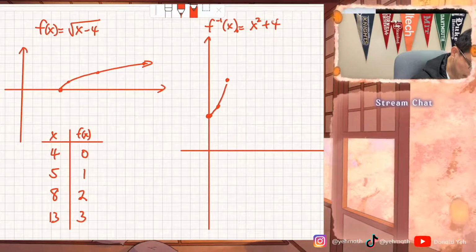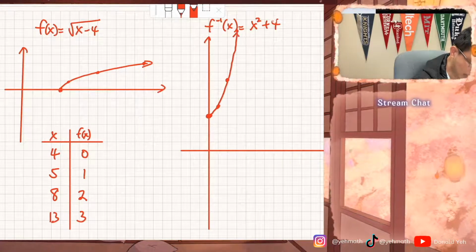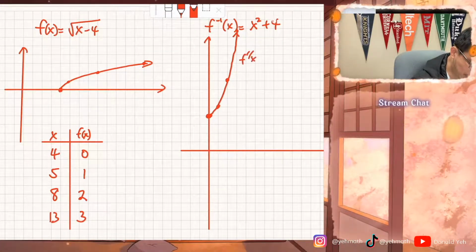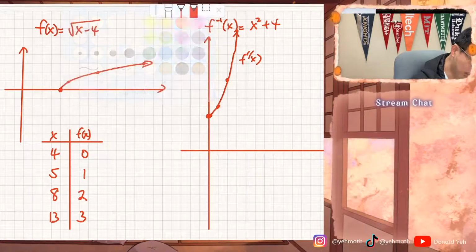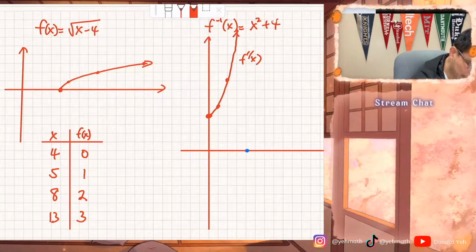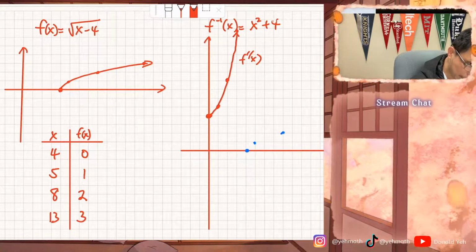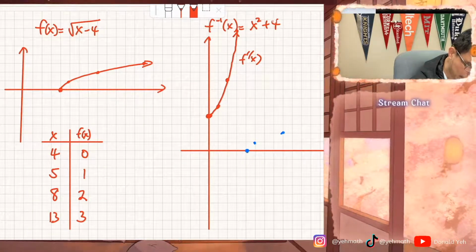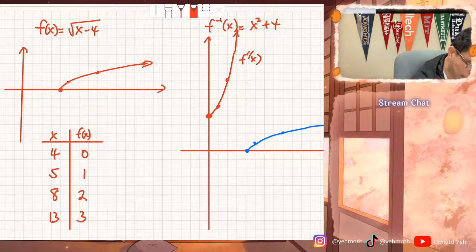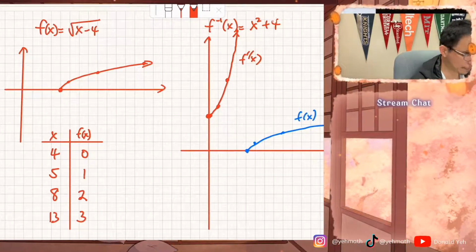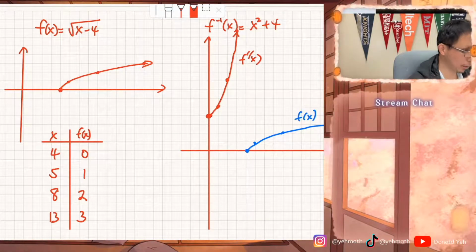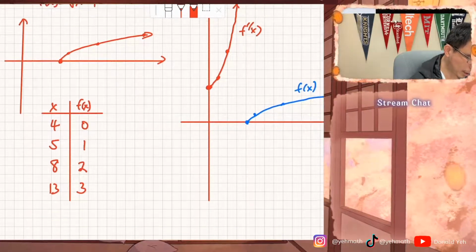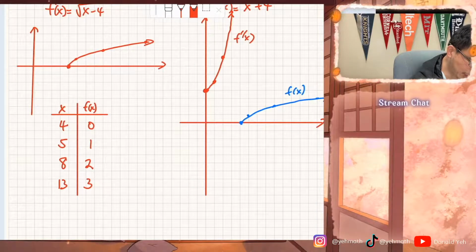So the function is like this. So this is f inverse of x. Does that make sense? And I'm going to put in the same graph of this one. This is the original f of x. Are we okay here so far? No confusing, right? And we're going to do x, y here.